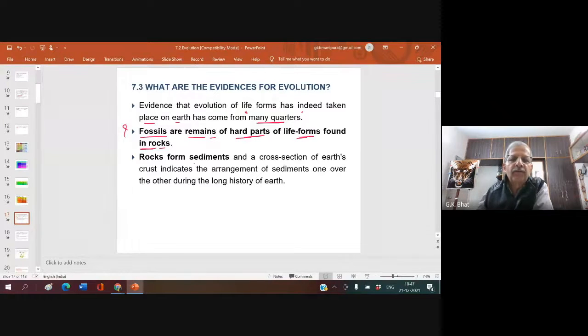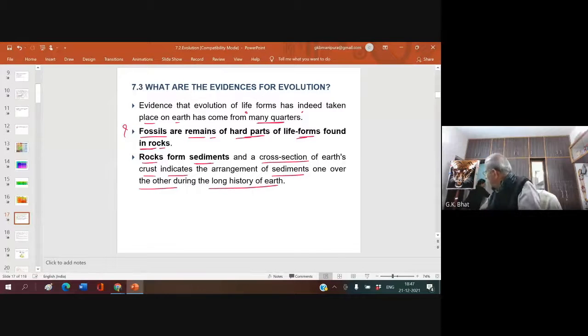Rocks form sediments, and a cross-section of the earth's crust indicates the arrangement of sediments one over the other during the long history of Earth. You do come across the sediment formation.